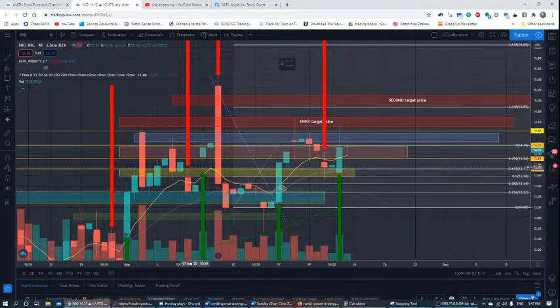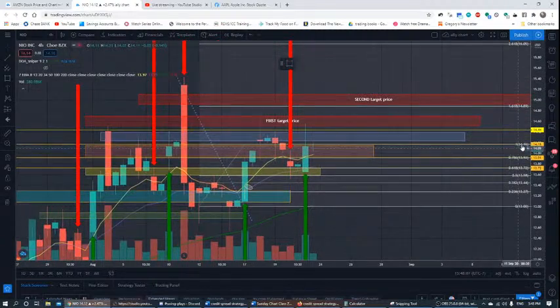Anytime we had that, we gapped up, and then we sold off. So a really big resistance right now for NIO is this first price target I have. If we can get over that, then the next one I'm targeting is $15.